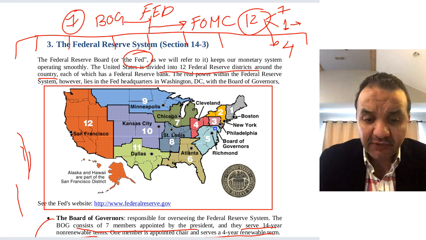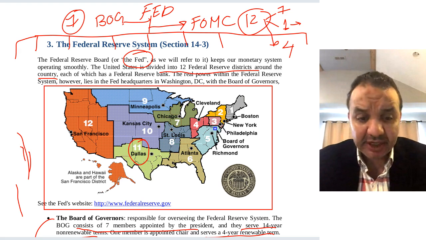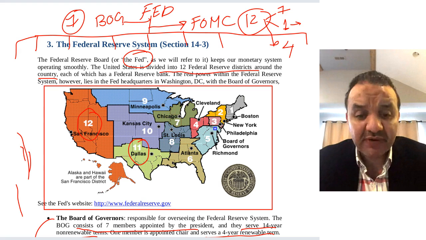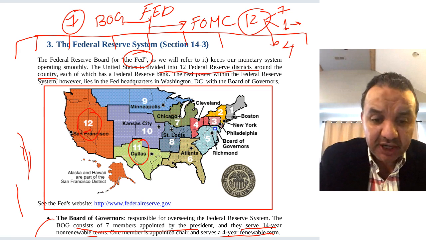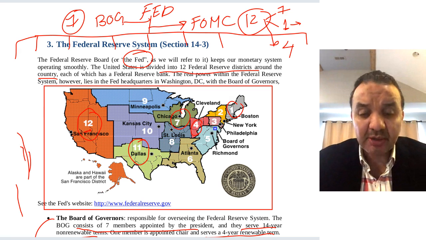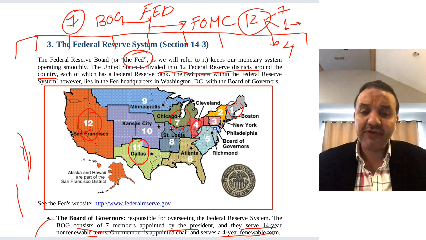There are 12 district banks. For example, bank number 11 is the Federal Bank in Dallas. Number 12 covers California. This is number 1, number 4. Federal Bank number 7 is the one located in Chicago, and it's interesting.